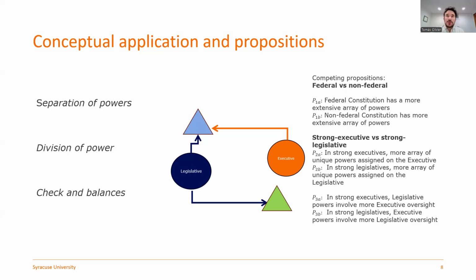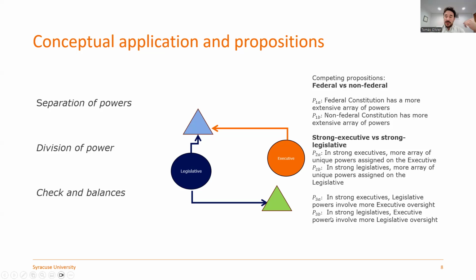So for instance, in a situation like the graph that we have here, we could treat this as a situation of a strong legislative, right? Because the legislative has a broader array of unique powers assigned to it than the executive. In this case, the legislative has authority over two elements, whereas the executive has authority over one. So that would be the content of our second proposition here.